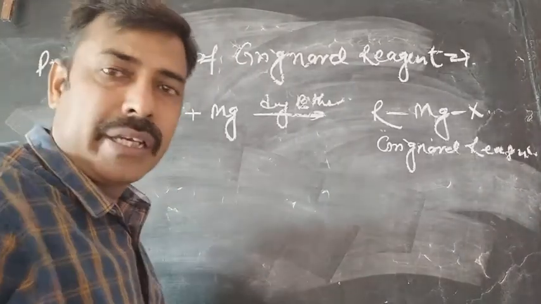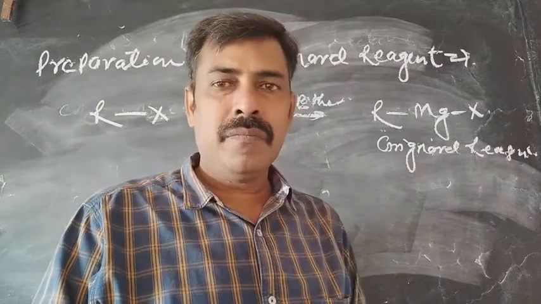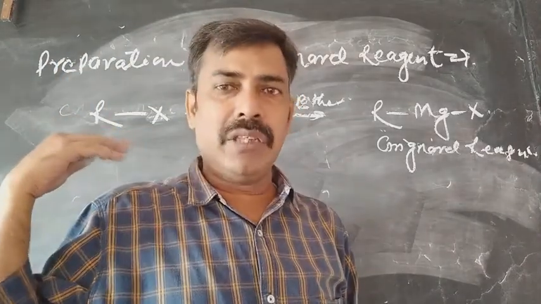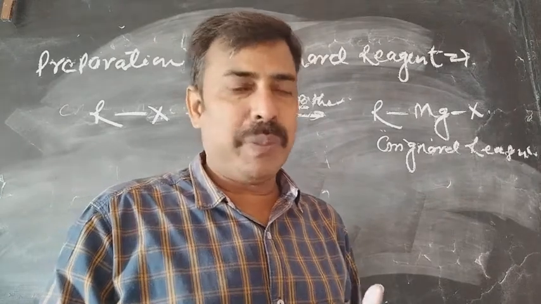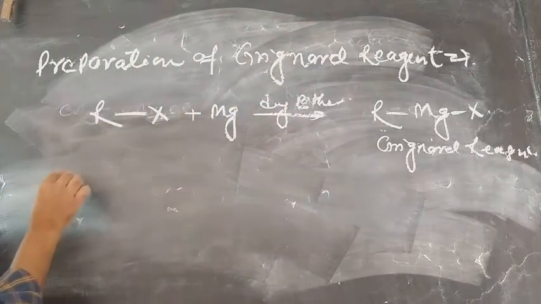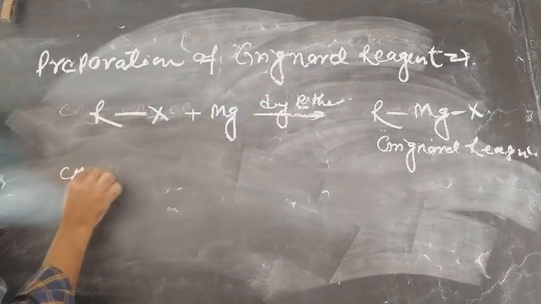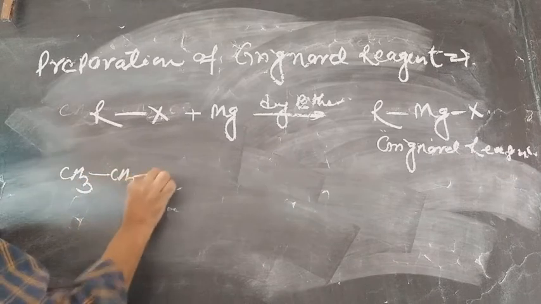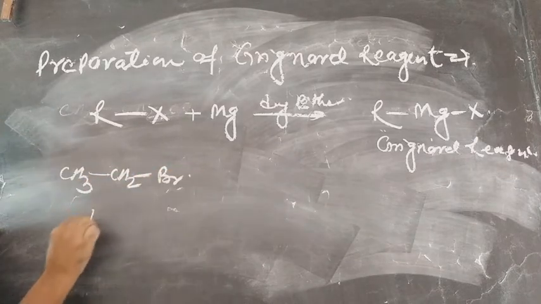Now, here we have taken a dummy reaction, so we are going to take a specific reaction. This is CH3CH2Br, that is bromoethane.